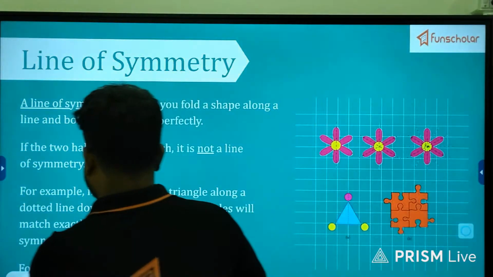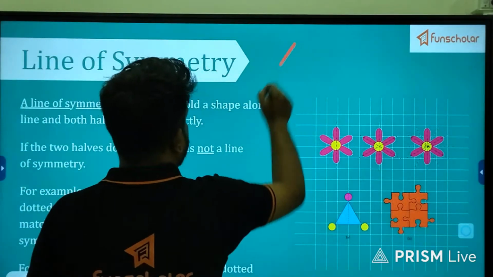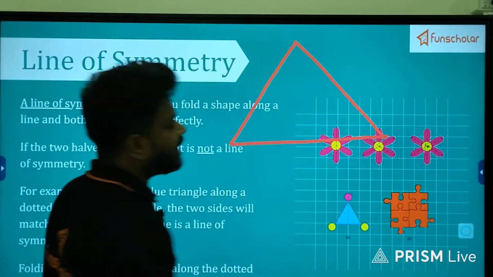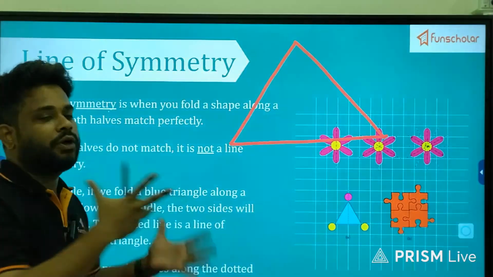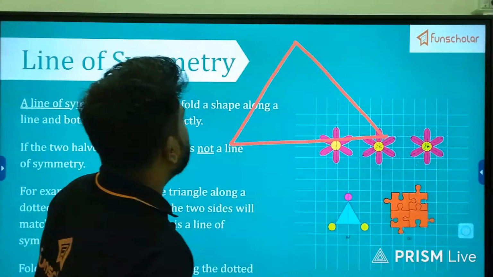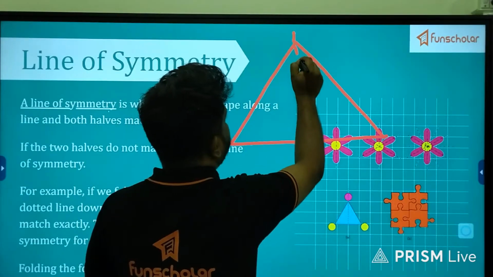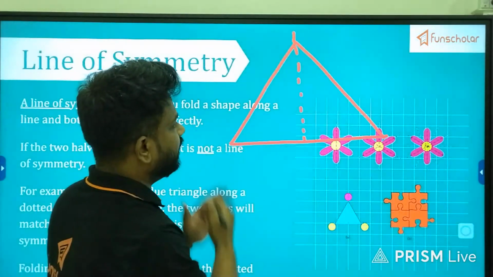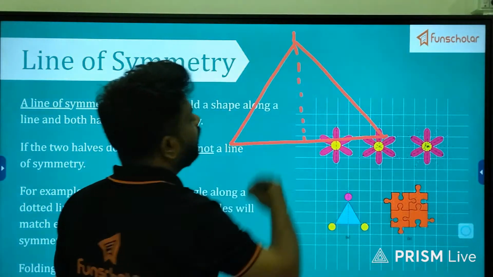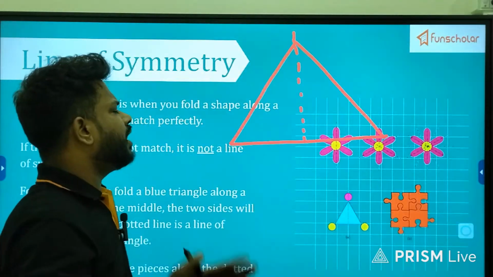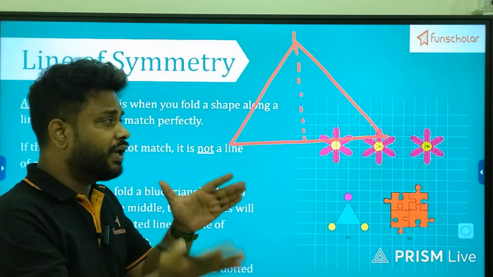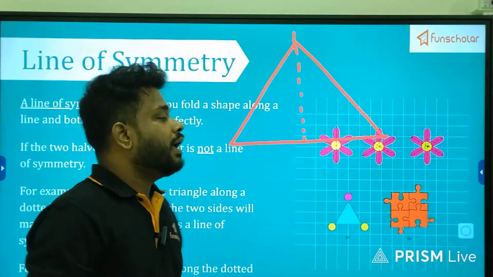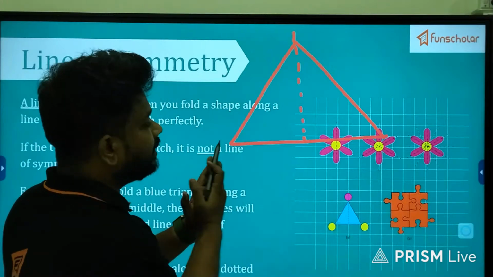So for example, if I draw a triangle like this here, you can do it in your copy or on paper. And if I fold the paper where I have drawn this triangle from the middle, there will be an imaginary, non-inked line that will be called the line of symmetry, where we have folded the paper.